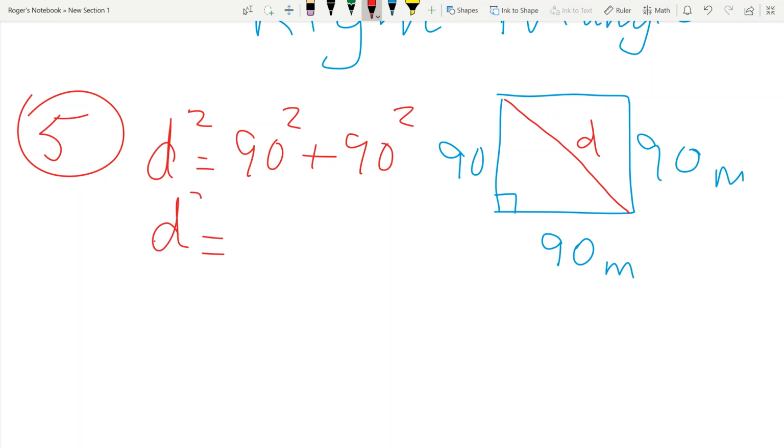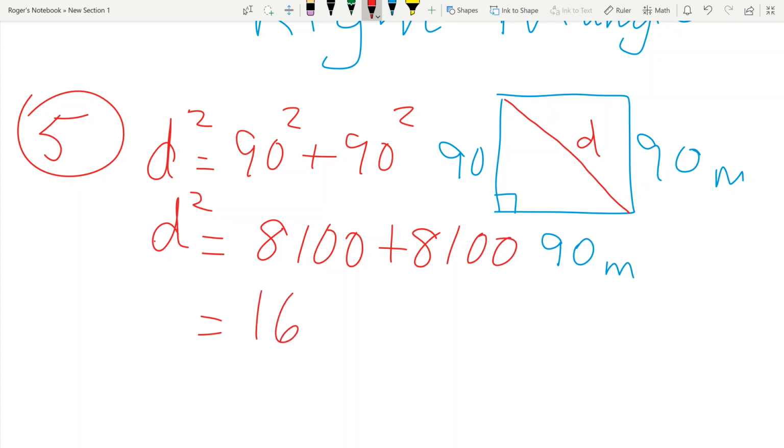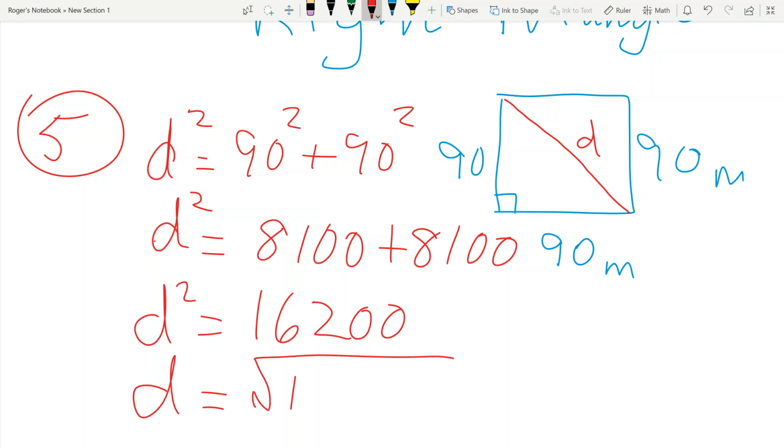So d squared is going to be equal to 8100 plus 8100, which is equal to 16,200. So d will have to be equal to the square root of 16,200.